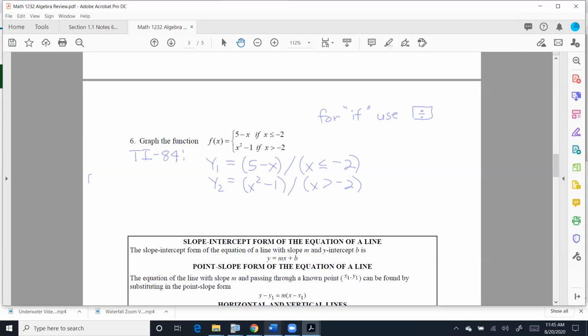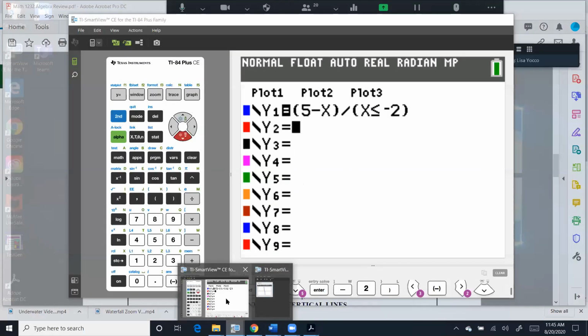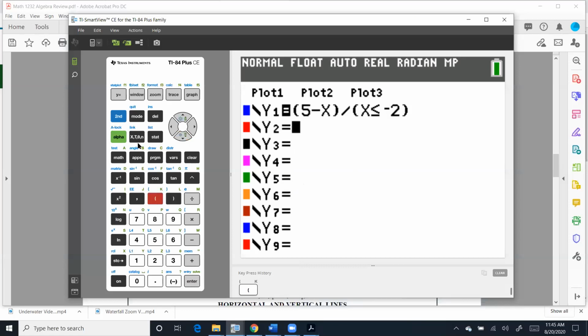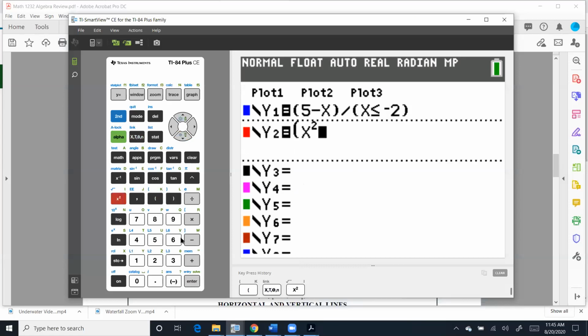Okay, then for the other function, the second piece, it's going to be x squared minus 1. I think someone's not muted. Be sure you're all muted, it might interfere with sound.